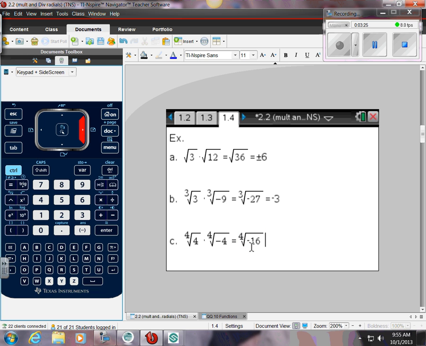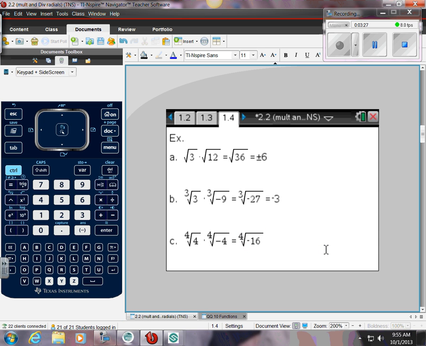Can we do that? We can take the 4th root of a negative 16? No, absolutely not. Even index, you cannot have a negative underneath the radical. Odd index, you can. So can I do this? No, and we're going to talk about this in a couple of classes. This is actually an imaginary number, so we'll talk about that a little bit later on. We're not going to do it right now, okay? You guys ready? Okay, next page.